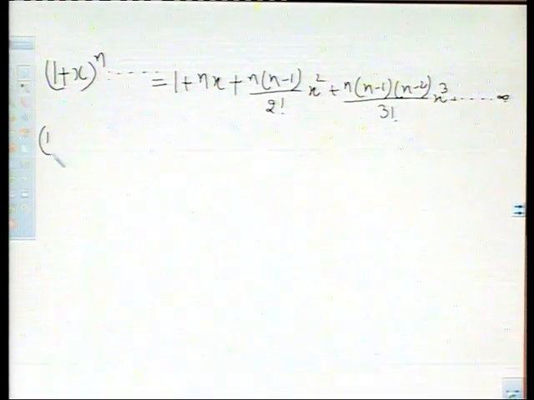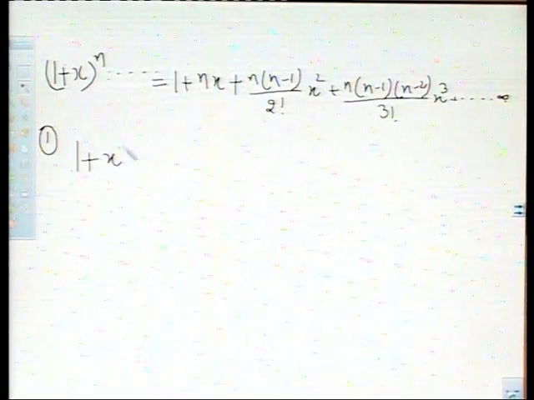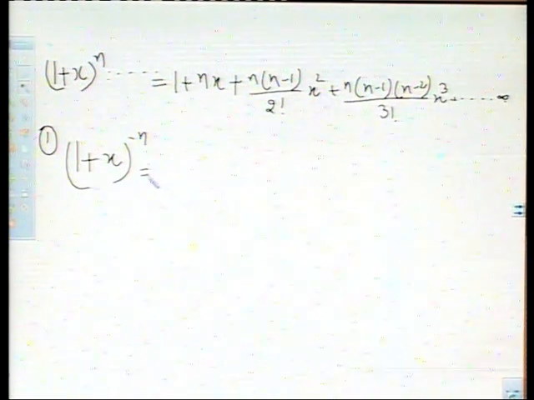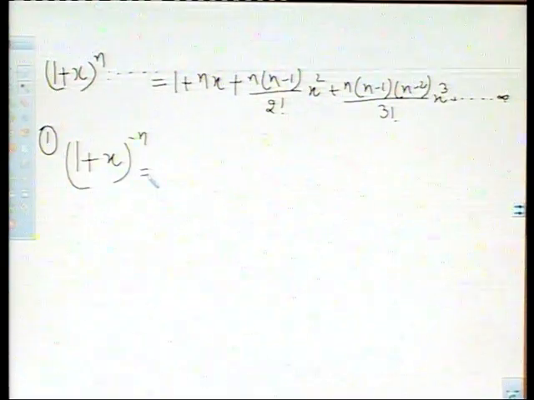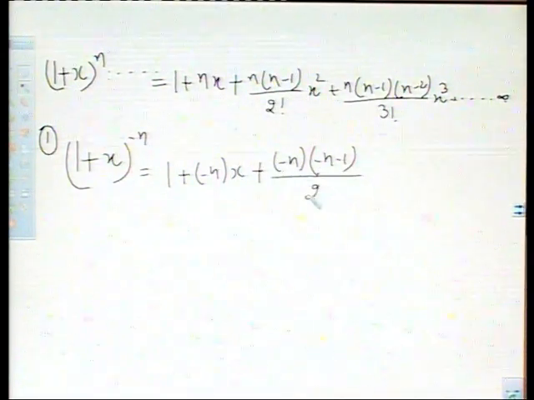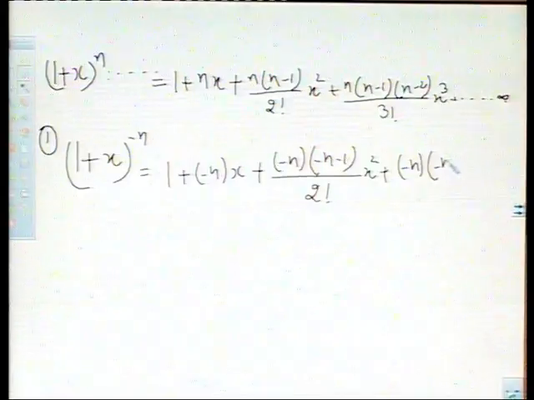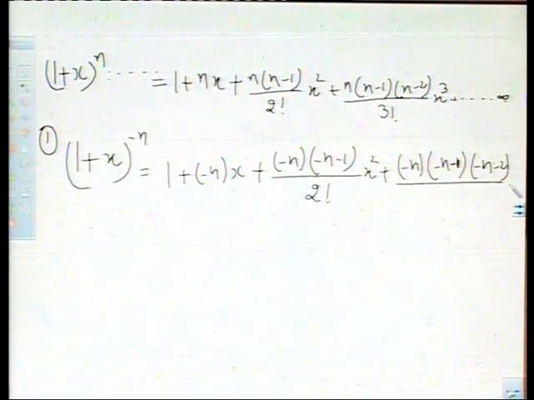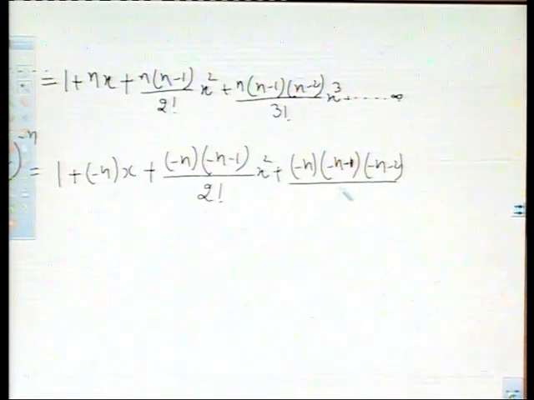Now the first expansion is 1 plus x raised to power minus n, meaning we have to change n to minus n. 1 plus minus n x plus (minus n)(minus n minus 1) upon 2 factorial x square, and here (minus n)(minus n minus 1)(minus n minus 2) upon 3 factorial and x cube.